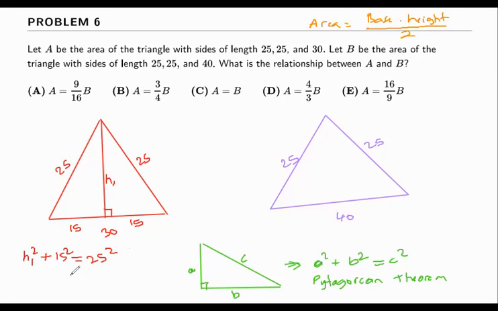Your goal is to get H1 alone. If you square this, that's 225. If you square this, you get 625. And if you subtract 225 from 625, H1 squared will be 400. And 400 is actually 20 squared, so that means H1 has to be 20.